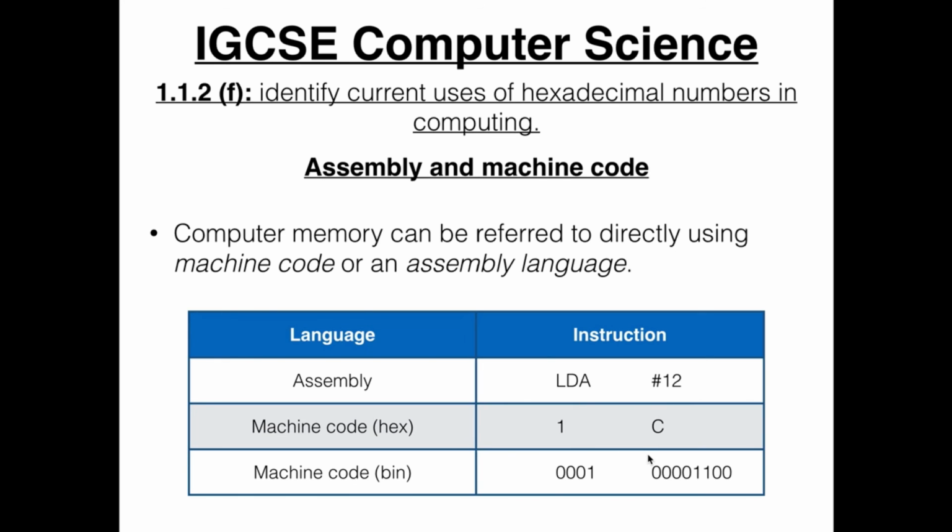What this example is supposed to show is that, sure, one line is quite small, but if we have multiple lines of machine code in binary, it can be really hard to actually program in machine code.